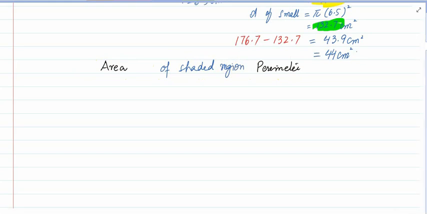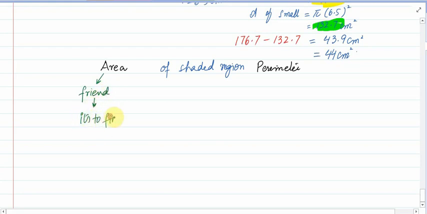Now keep in mind that area is our friend. It's very easy to find. But perimeter is our enemy, not easy to find.